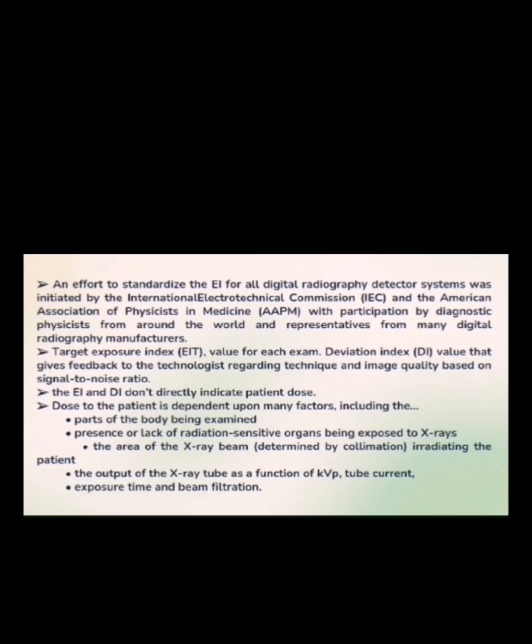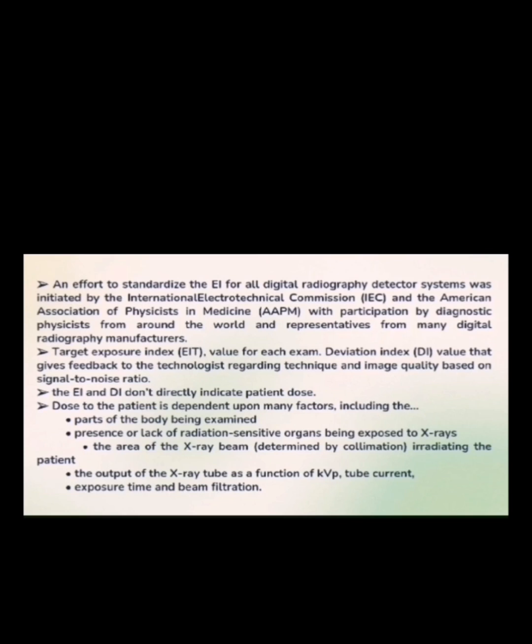But although these are important values in providing feedback in regard to achieving the optimal images at the lowest dose, the exposure index and the deviation index don't directly indicate patient dose. So what indicates the patient dose?